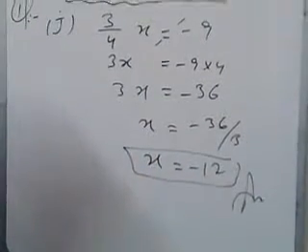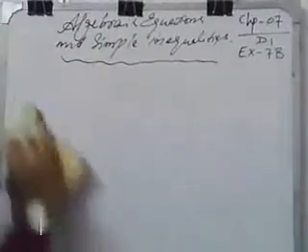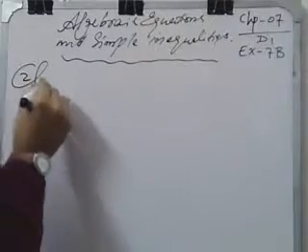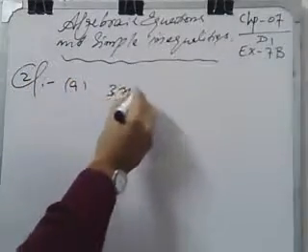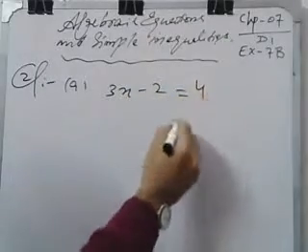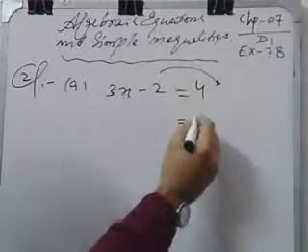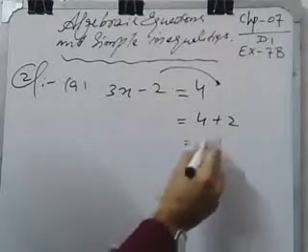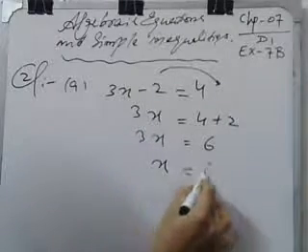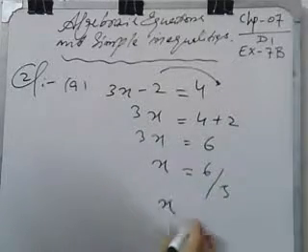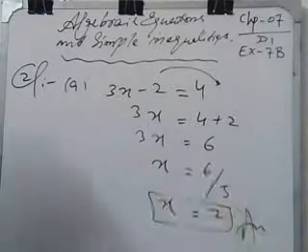So now coming to the question number 2. Solve the following equation. Once again, you have been asked the same question and same methodology. Constant term should be shifted at one side, so the sign should be changed. 3x remains here, and the value of x is 6 by 3, you will get 2. 3 2s are 6.